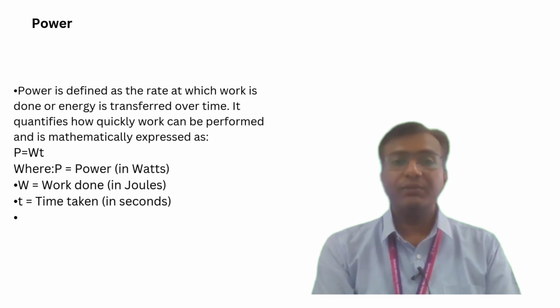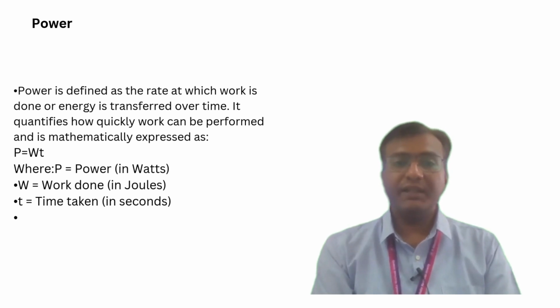A system with high power can do work faster than a system with lower power. For example, consider two electric motors, one with a power rating of 1000 watts and the other with a power rating of 500 watts. The 1000 watt motor can do work twice as fast as the 500 watt motor.